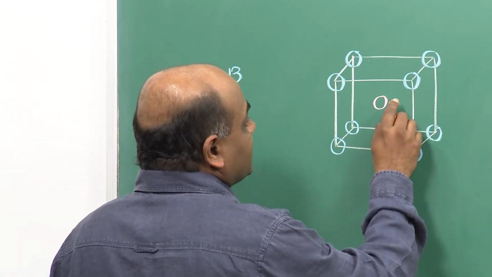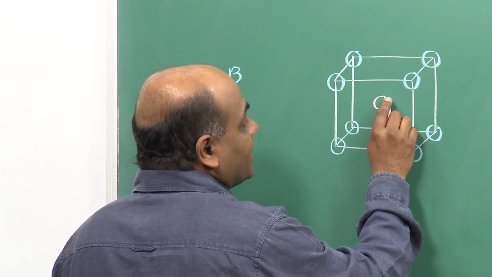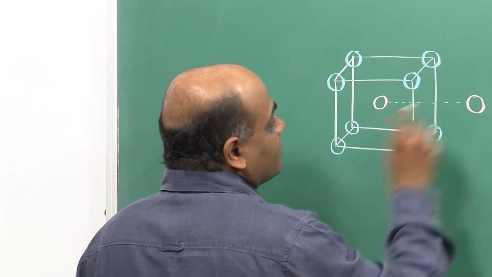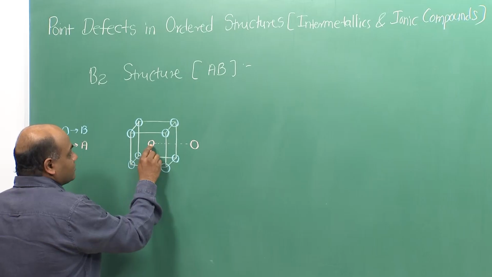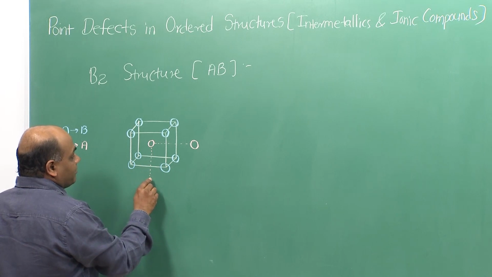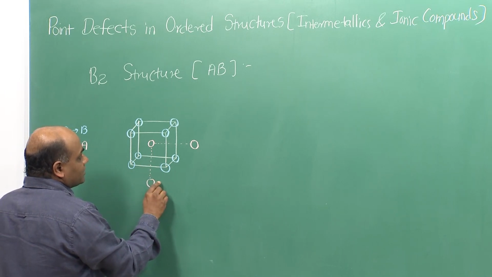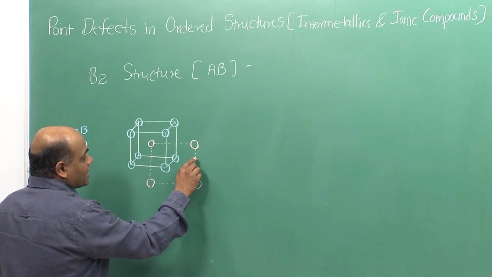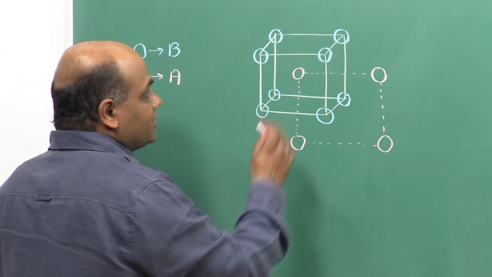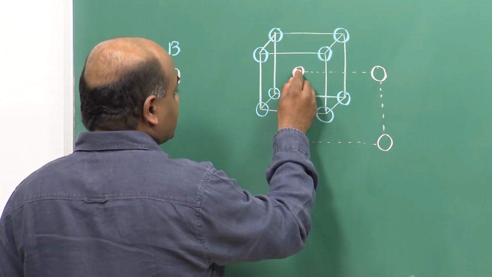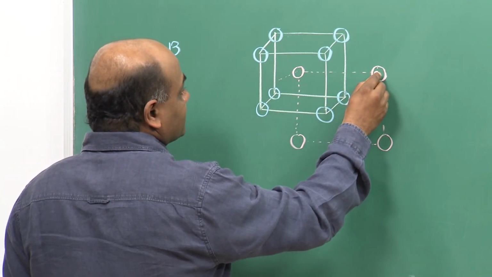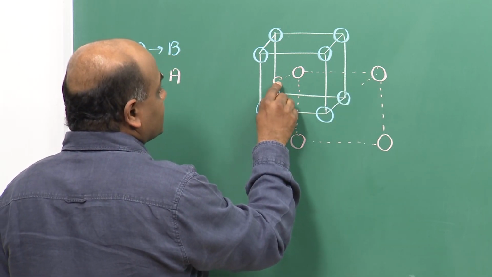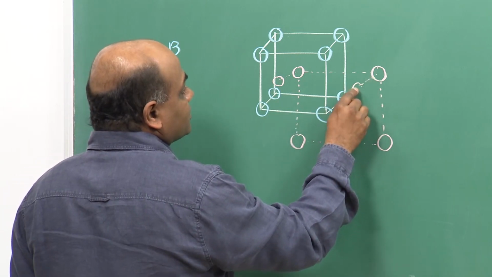So, if we can imagine one cube on the right side of this one, type A atom will be at the body center of it, one cube below this one and one cube below the cube which was on the right side, and then you can imagine similar 4 cubes placed in front and see the body centers of those.